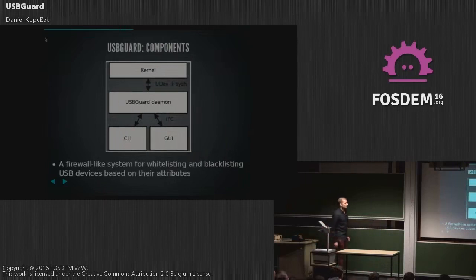So this is the high-level overview of Usbguard. It's a typical Unix daemon which is running all the time and listening for UDev notifications about new connected devices and about changes on the devices. And it relies also on a second feature of the Linux kernel, and that's the Linux USB device authorization feature.